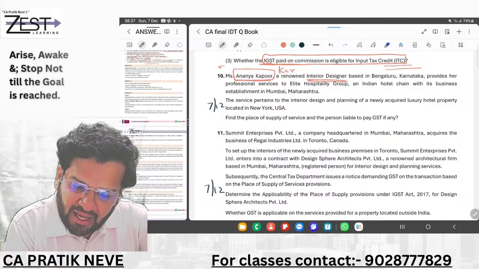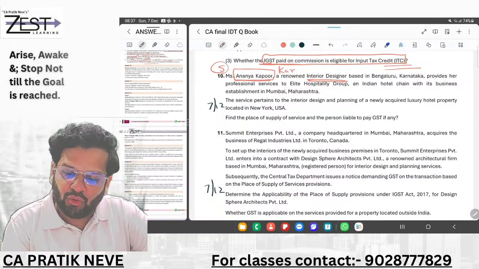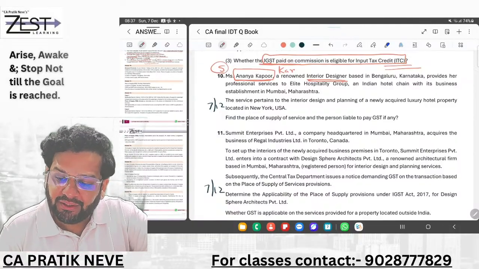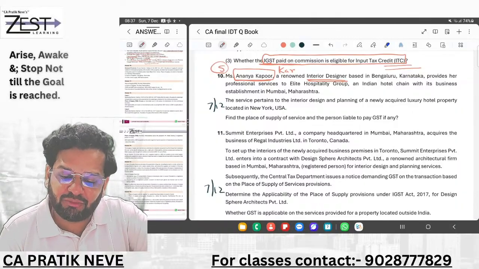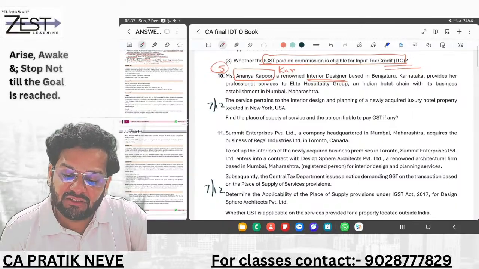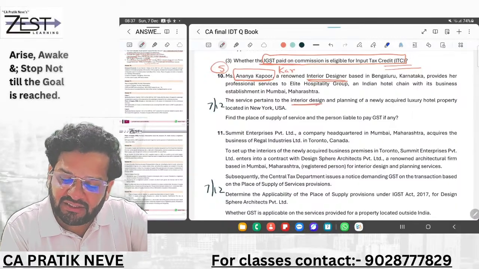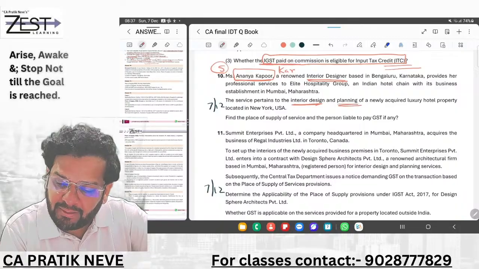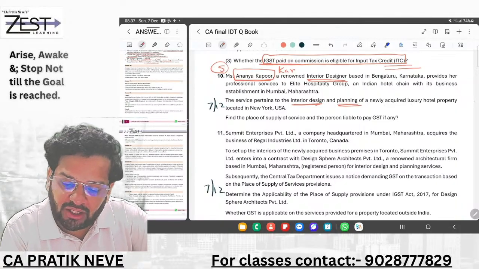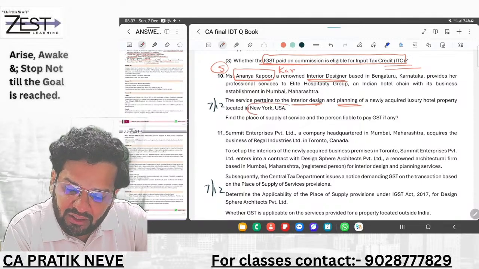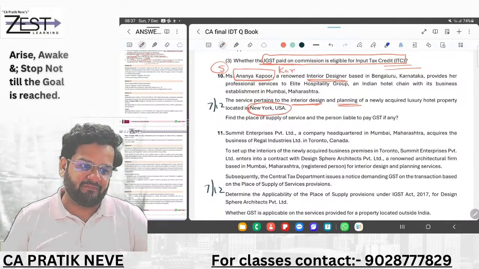She is supplier to Elite Hospitality Group, an Indian hotel chain with its business establishment in Mumbai. The service pertains to interior design and planning of a newly acquired luxury hotel property located in New York, USA.